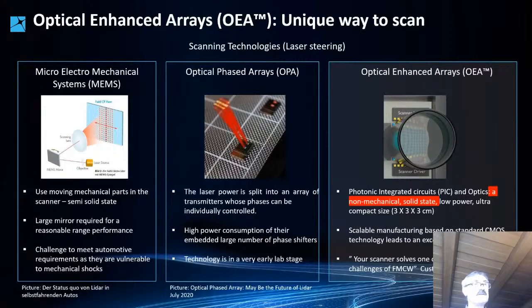Okay, we have seen how the measurement principle works. What about scanning? We may group currently applied scanning principles in three categories. Pure mechanical sensors, where mirrors, MEMS, or polygons are used to deliver the probe beam to different directions in the field of view.